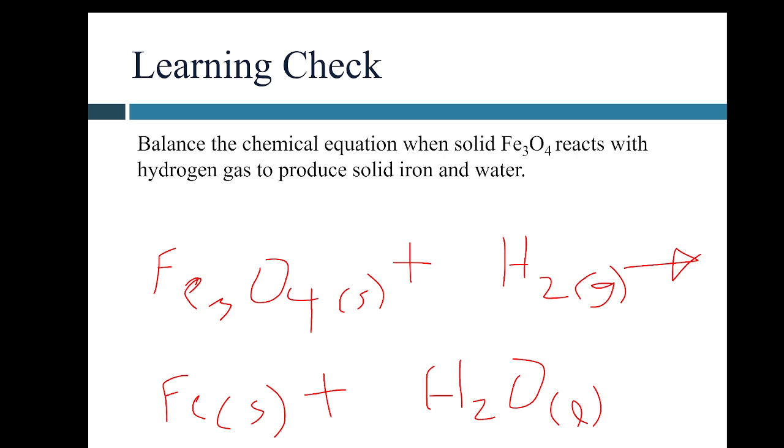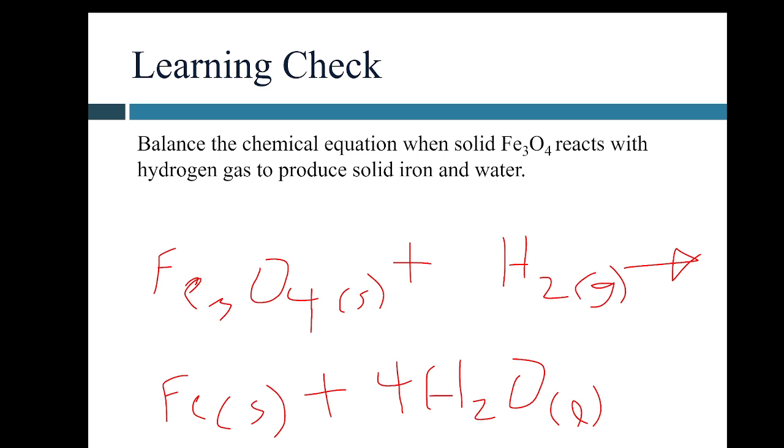Those oxygens are where we will have any trouble, because everything else is off by itself, isn't it? And so we can just put a number in front of Fe, and that'll balance out Fe, no problem. Do we have to put any numbers in front of Fe3O4? No, we don't have to do anything with that. How about the H2O? What do we need to put? 4, yeah. 4 will give us equal numbers of oxygens.